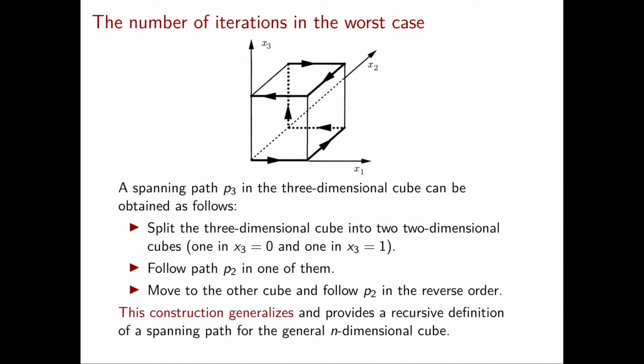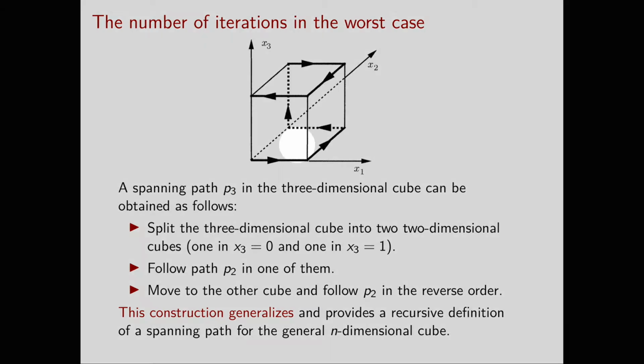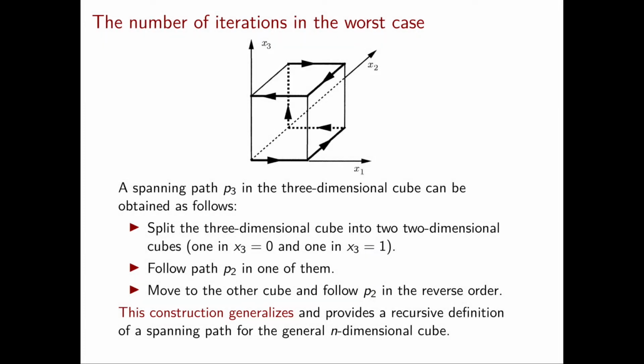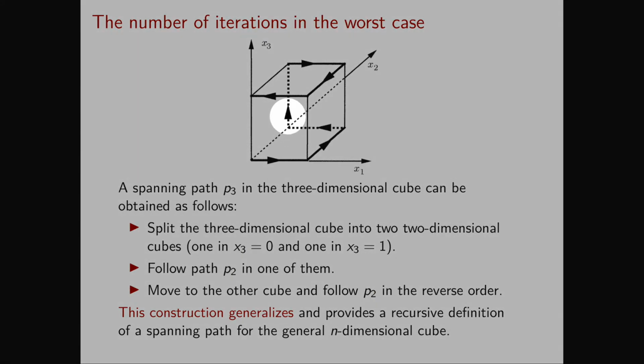In this way, we have obtained two two-dimensional cubes. Let's start by looking at the one at x3 equal to 0. Naturally, we can use our old spanning path P2. So we start from this vertex, go here, and then finally go here. At this point, what we want to do is to go to our second two-dimensional unit cube.